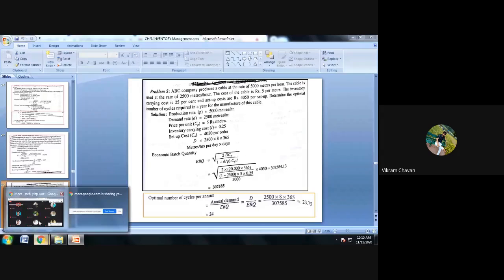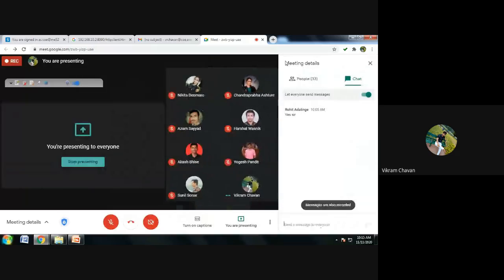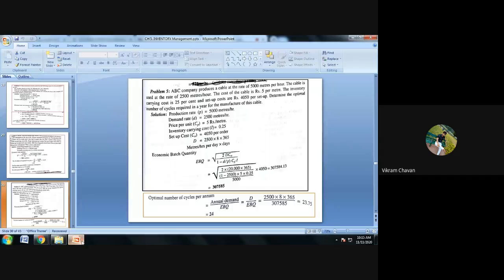Please mention in the comment box whether you are getting the same answer or not. Economic batch quantity. So why is this problem different from the previous one?